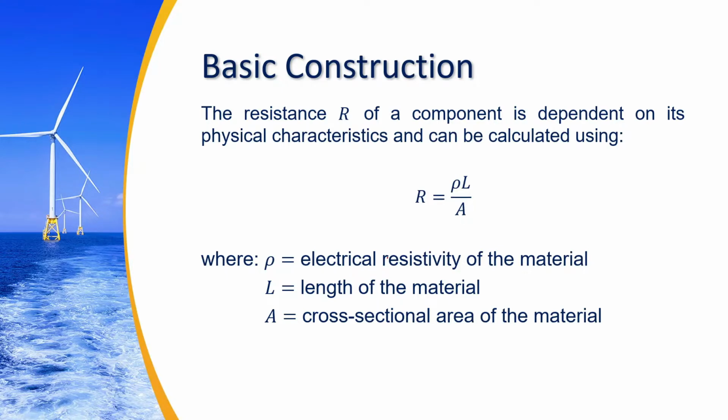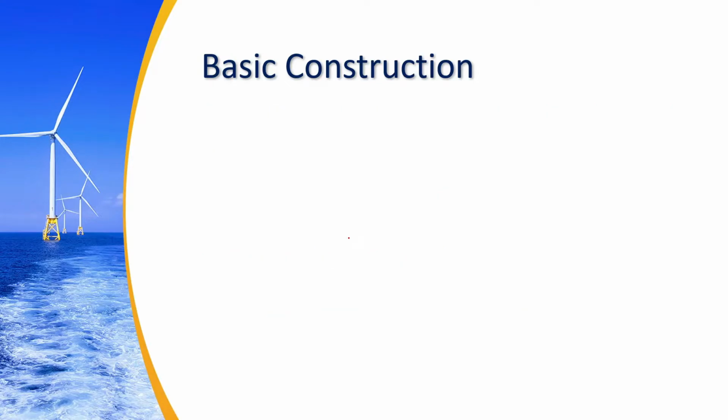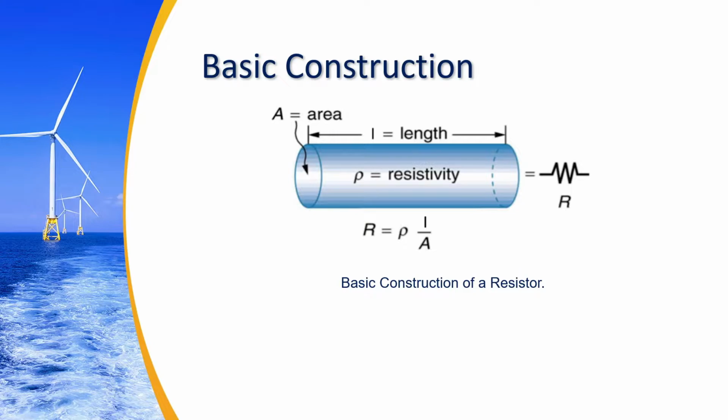Okay? So, lahat ng makuha natin na value ng resistance is connected sa tatlong yan. Ibig sabihin, ano man yung changes na meron sa kanila, magkakaroon tayo ng changes dito sa resistance natin. So, ito yung basic construction ng resistor.